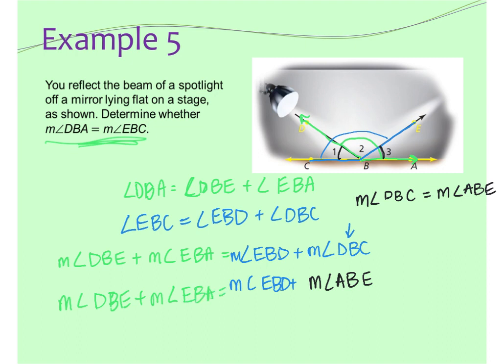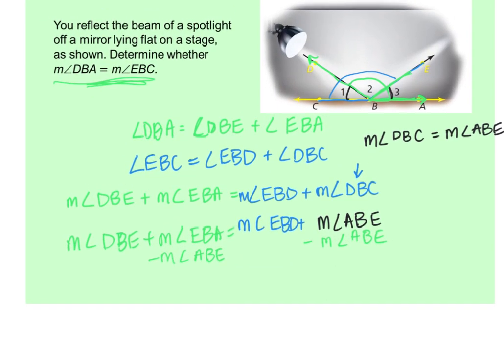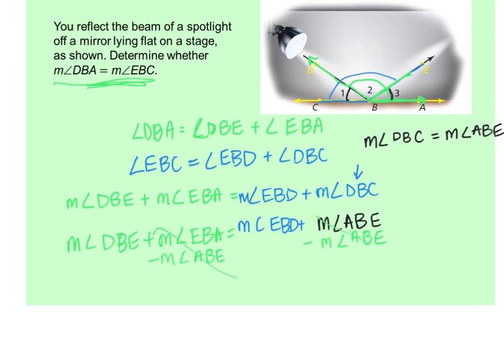And now EBA and ABE, they're the same angle, guys, okay? So that's just this angle written a different way. It's written as EBA or ABE. So if we were to subtract this from both sides, okay, we would be left with 0, okay? Because these are going to cancel from both.